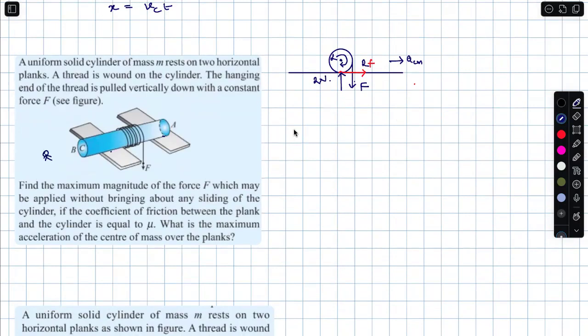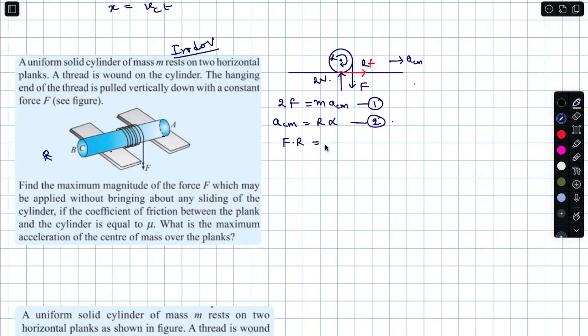Now let us try to apply equations for this. First equation: 2F is equal to MACM, equation 1. ACM is equal to R alpha, equation 2.